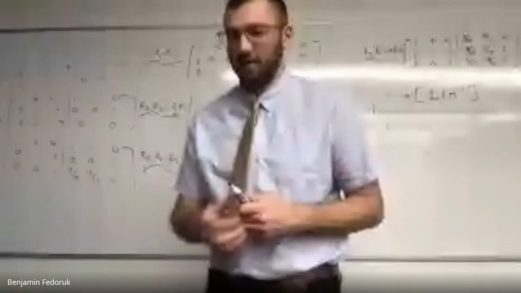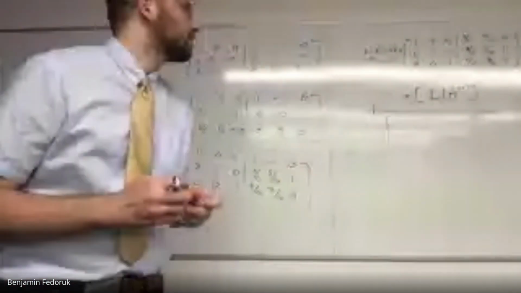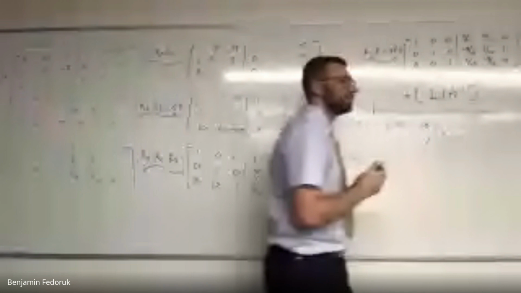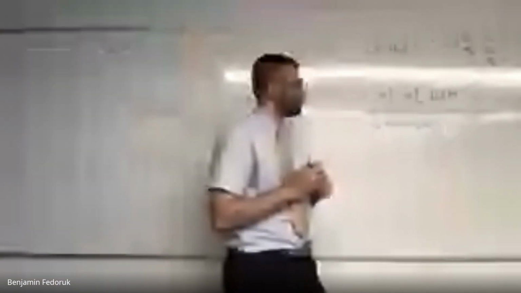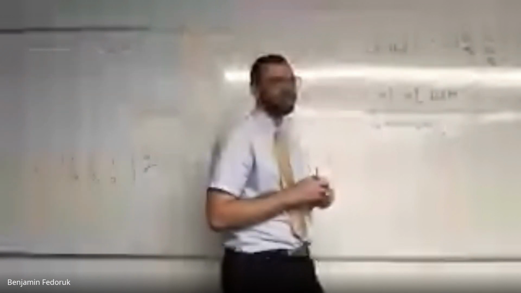So let's talk about determinants. If I have a 2x2 matrix, A, B, C, D, we already know what the determinant of that is, right? Anyone remember? AD minus BC.